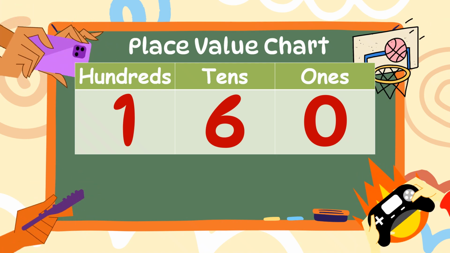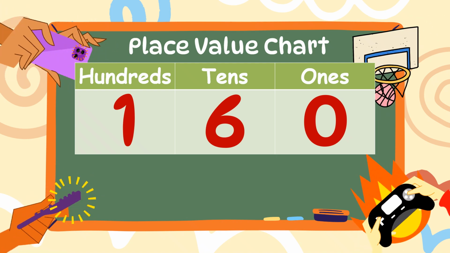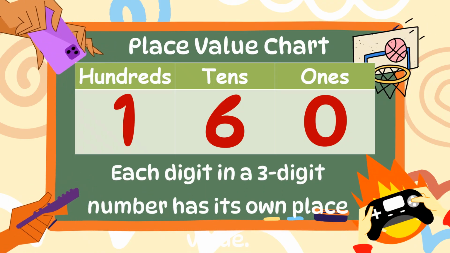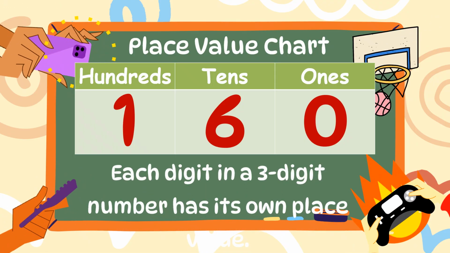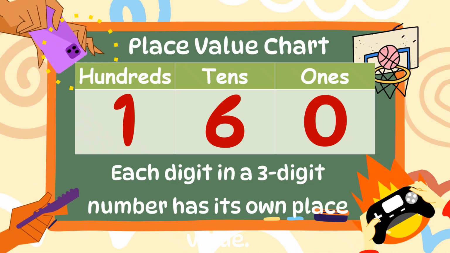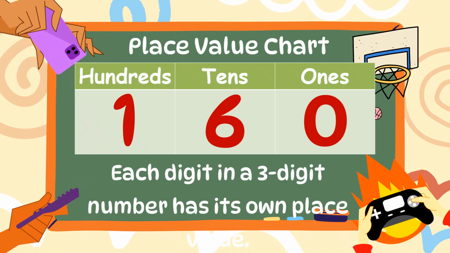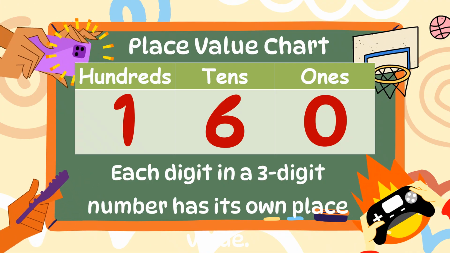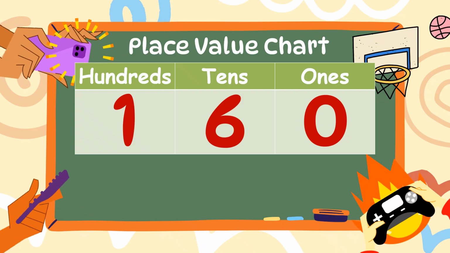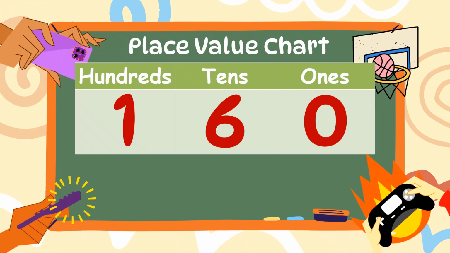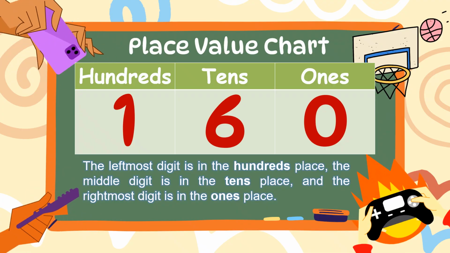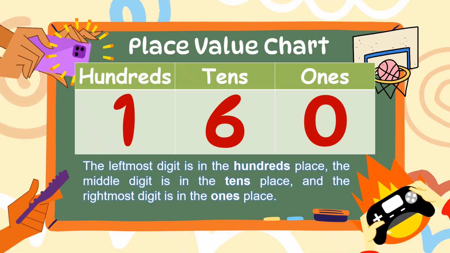In a 3-digit number, each digit has its own place. As we say, 160: 0 is the ones, 6 is for tens, and 1 is for hundreds. Remember, in this number, 160, the leftmost digit is the hundreds place.